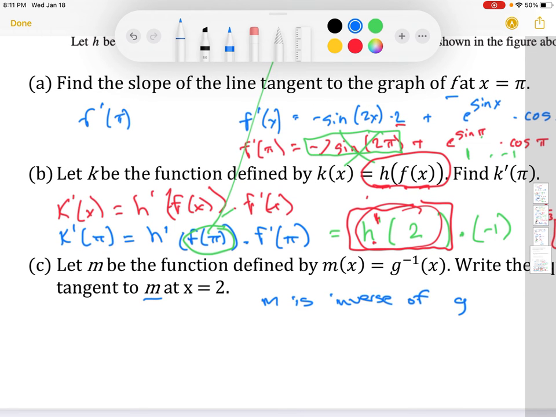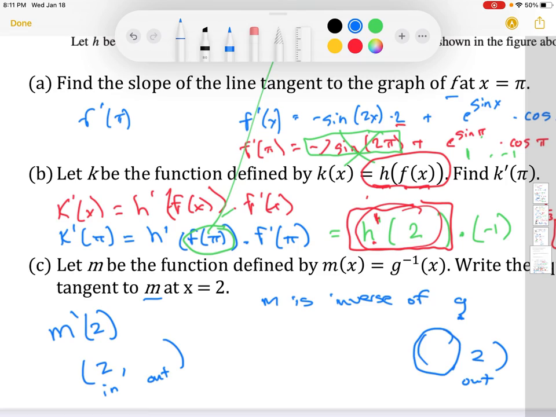So I need to find m prime of 2. I want to point out that if m is the inverse, then this input for 2 has to match with an output. And again, for g, that means that that 2 would actually become the output. So my first task is to find what number goes right here for g.